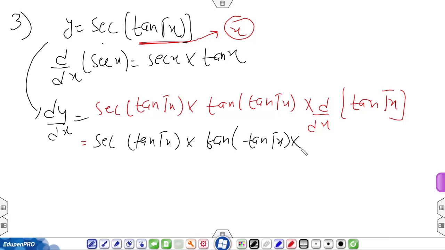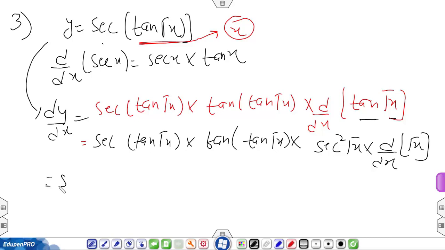Now we know that the derivative of tan x is secant square x. So the derivative of tan is secant square x, and again the derivative of root x. Rest as it is.